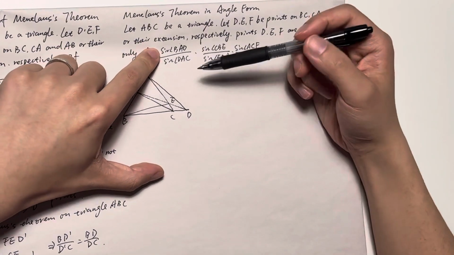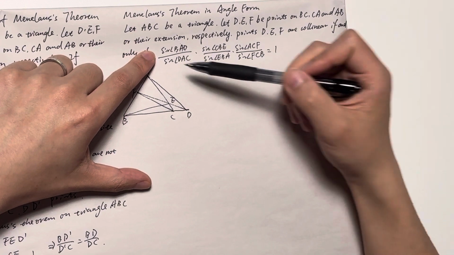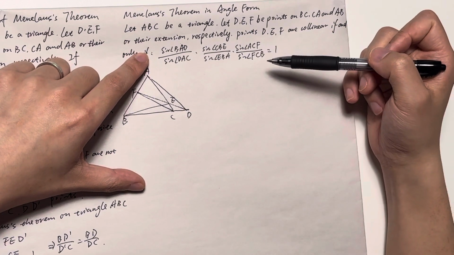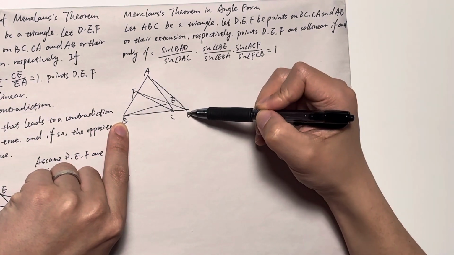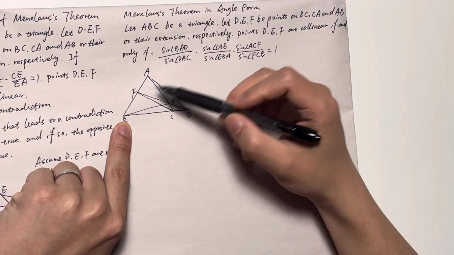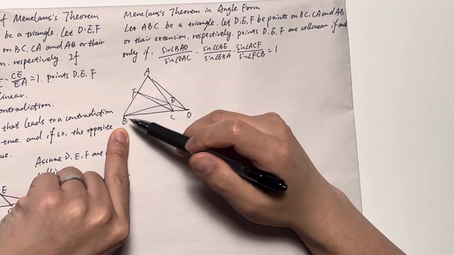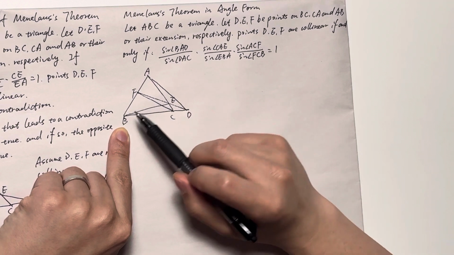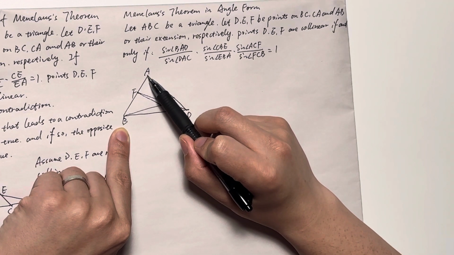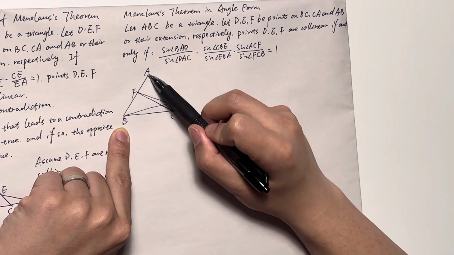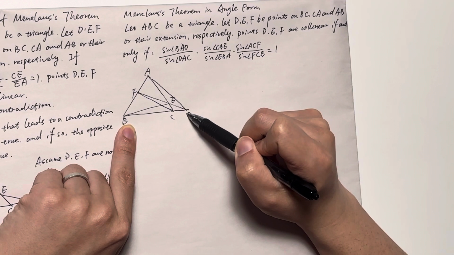Again, let's observe this equation and understand how these angles are written, right? BAD, on the numerator is BAD. So that starts from one vertex, goes to the next vertex, that's BA, and then goes to the intersection point, that's D, right?